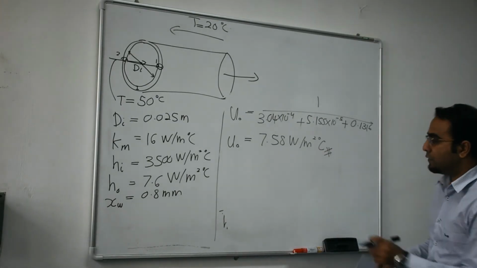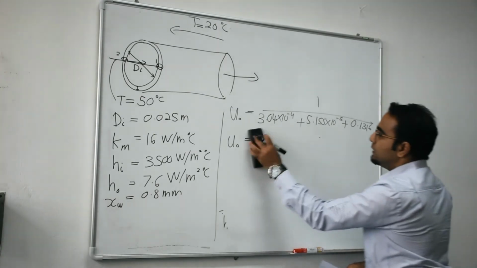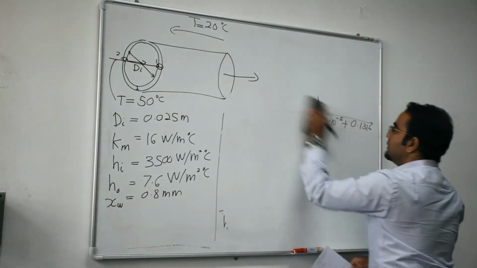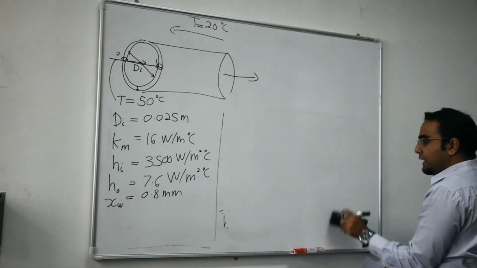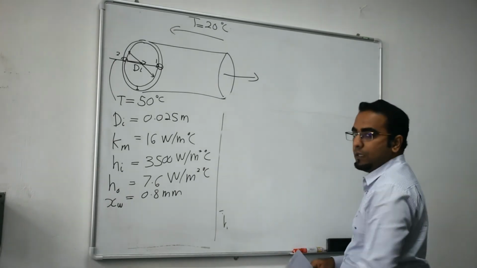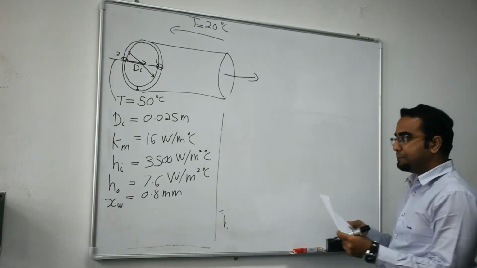The second part of the question is asking us to calculate the value of heat flux. So remember, when we say heat flux, the unit is going to be watt per meter squared.